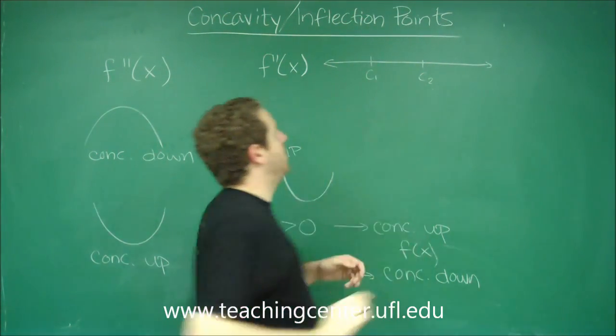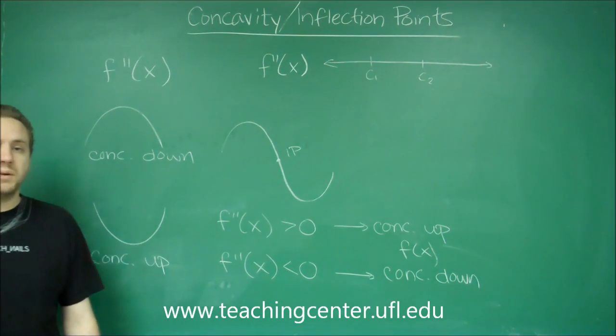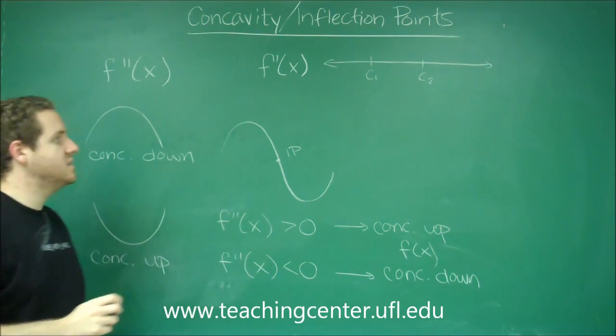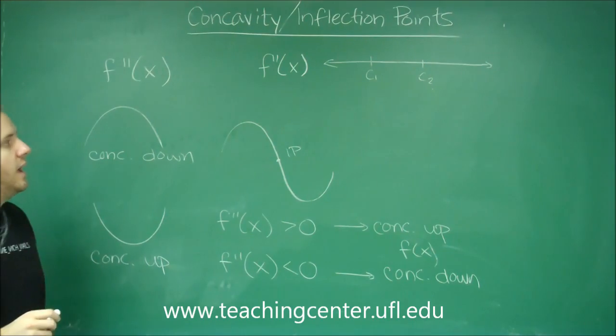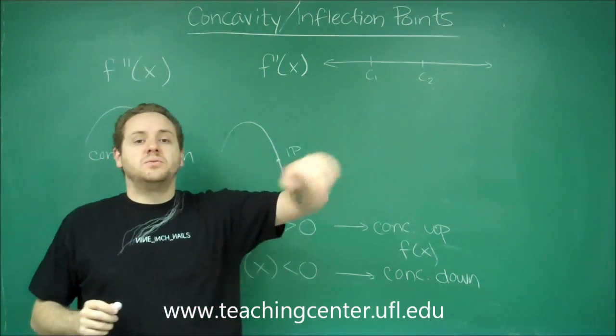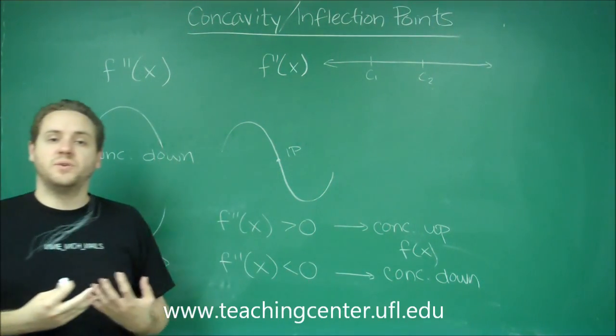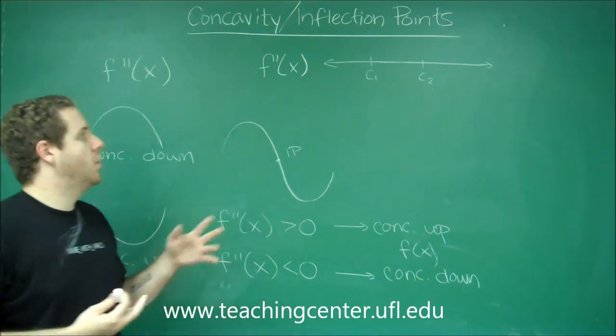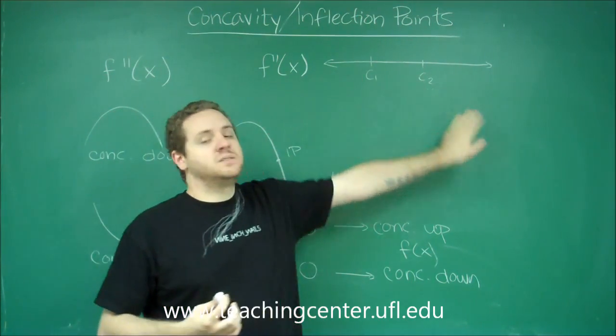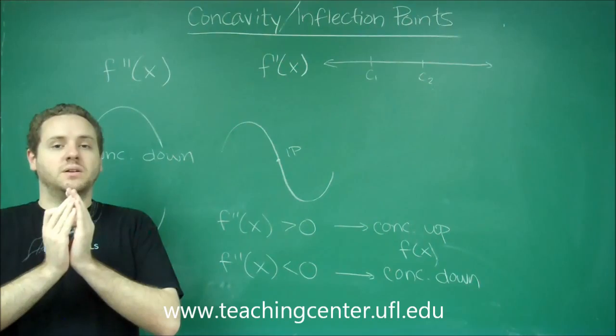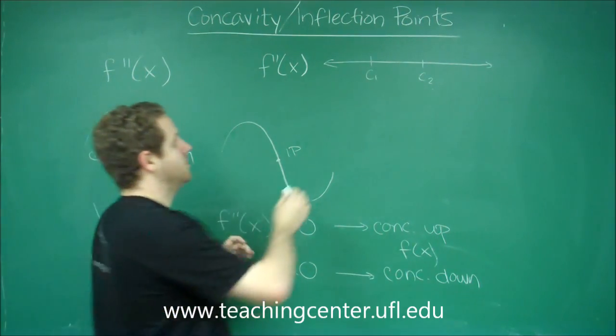So let's say we have a couple of second derivative critical numbers here, C1 and C2. Similar to how you check for relative extrema using the first derivative, for the second derivative you want to check numbers in each of these ranges to see whether that entire interval is positive or negative.